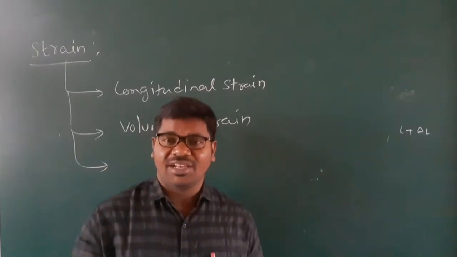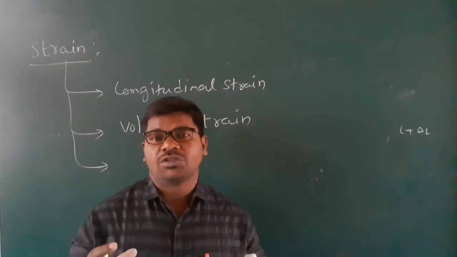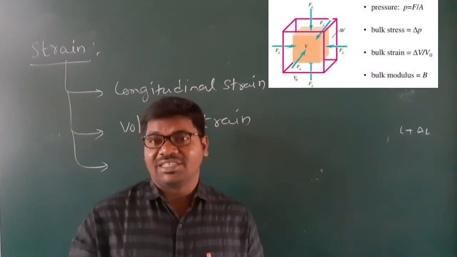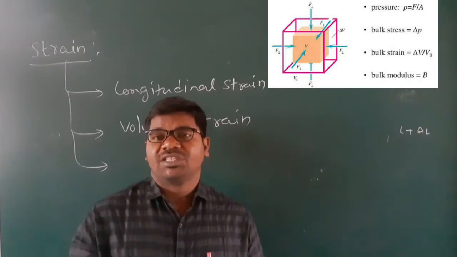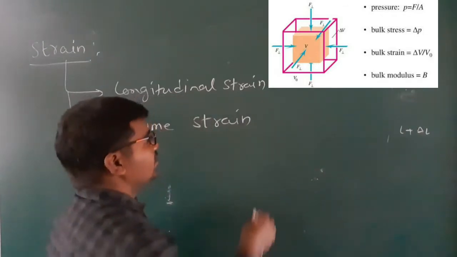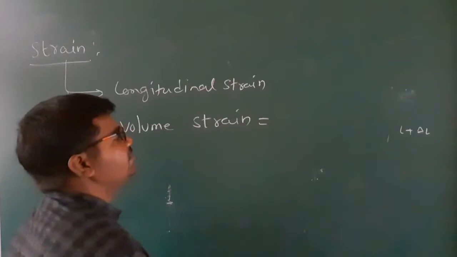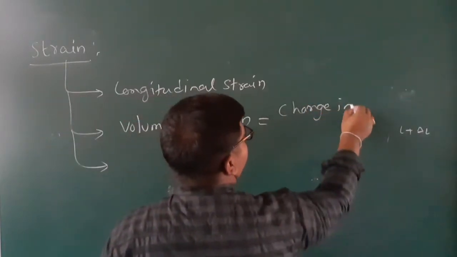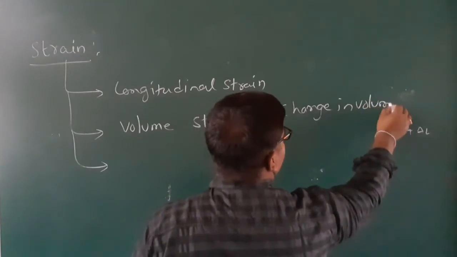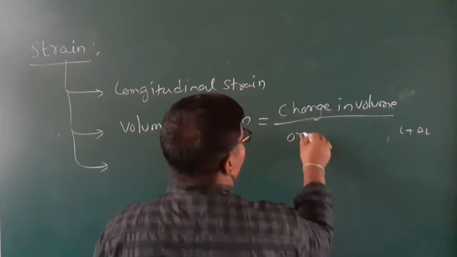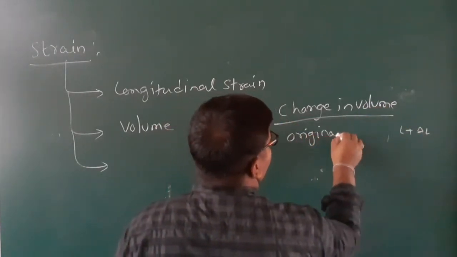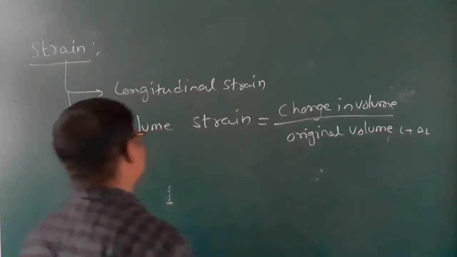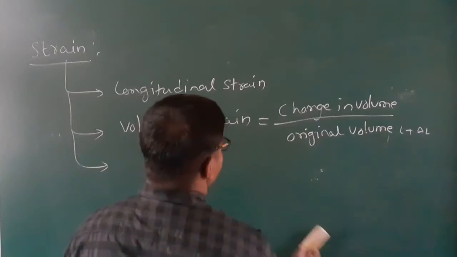Consider a balloon or any sphere: you can apply force and the body's volume and shape will change. That is change in volume by original volume. So volume strain means change in volume divided by original volume.